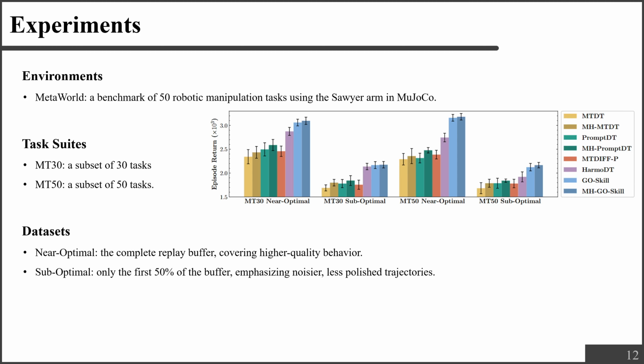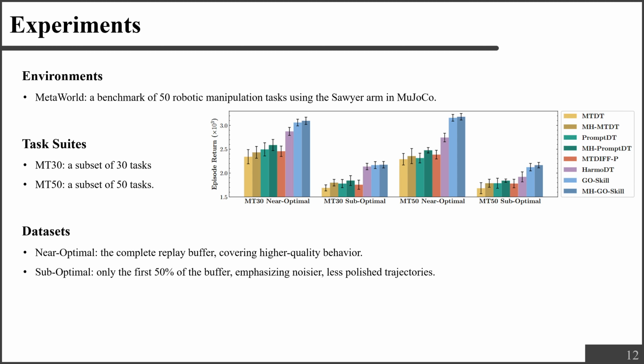MT50 stresses scalability and cross-task knowledge sharing. They use datasets from the replay buffer, spanning trajectories from random to expert quality. Near-optimal includes the complete replay buffer covering higher quality behavior, and suboptimal uses only the first 50 percent of the buffer, emphasizing noisier, less expert trajectories.